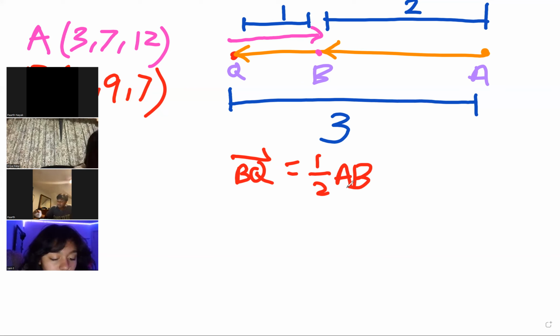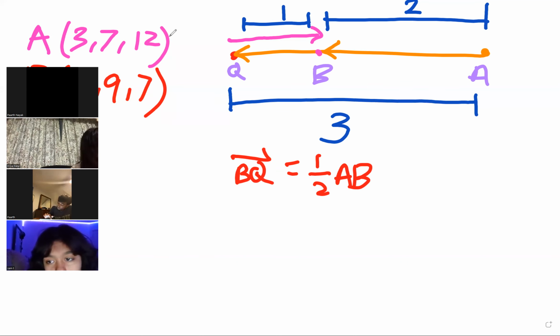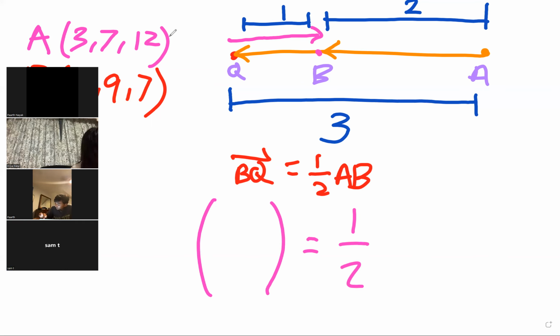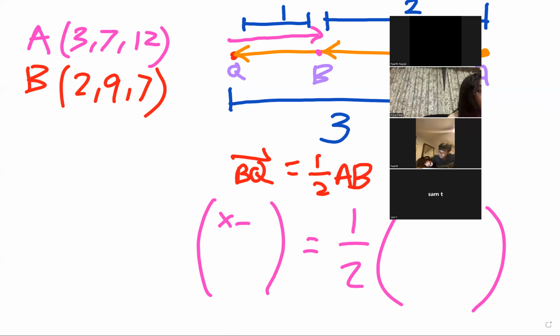And so the next thing you do is do exactly what you did for internal division. So you have to set up these parentheses, I guess is what you call it. So you would set up x minus, this time you use the B coordinates, right? So x minus 2, y minus 9, and z minus 7.